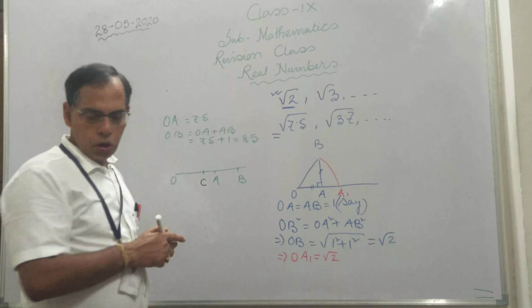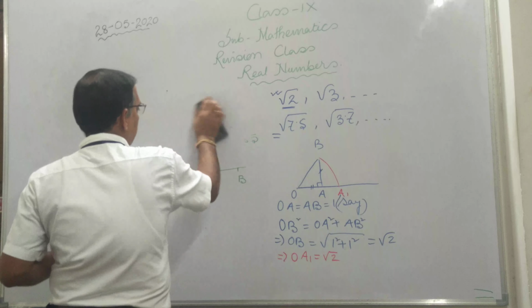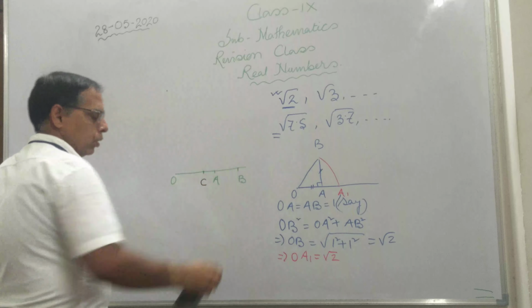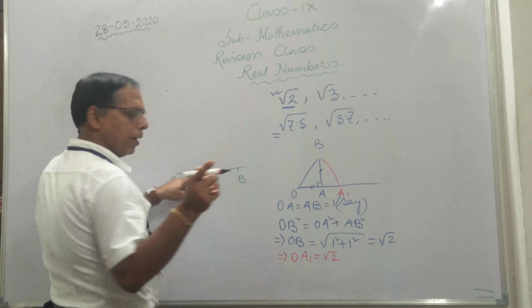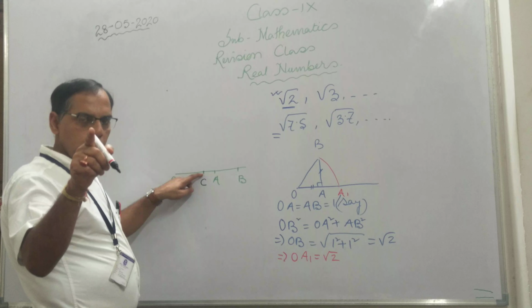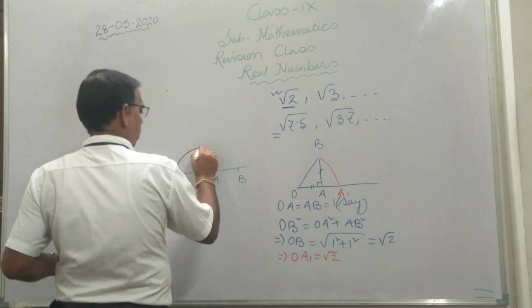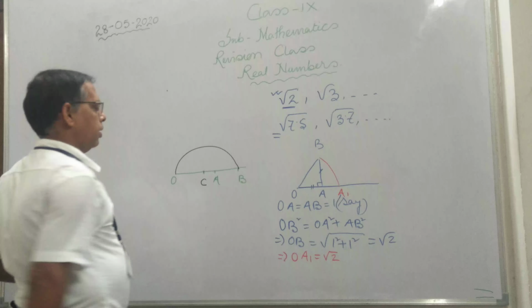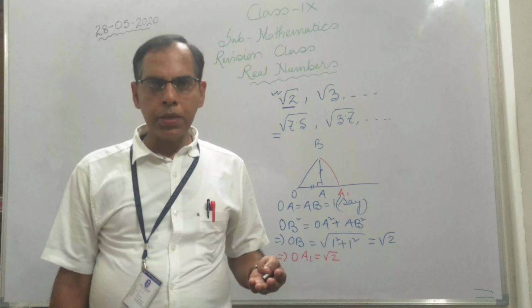So then you draw. For this purpose, I have to draw this part. So take your compass, take C as center, OC as the radius, and draw the semicircle. We have drawn the semicircle.